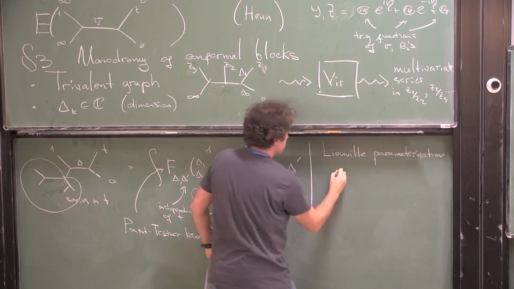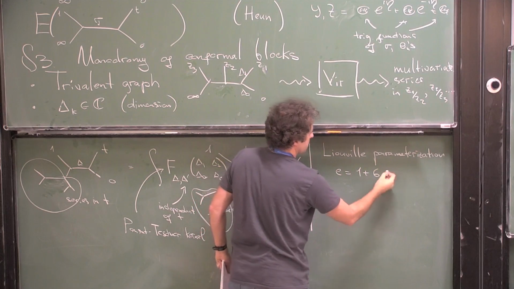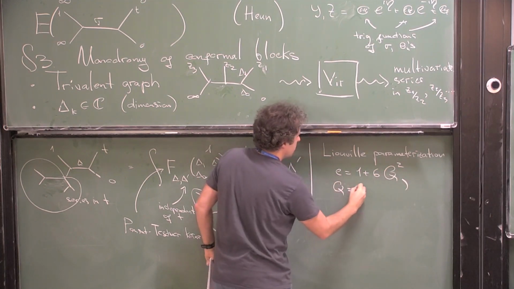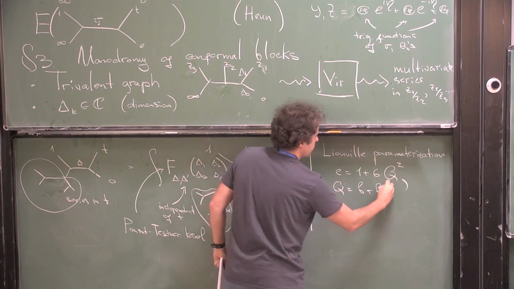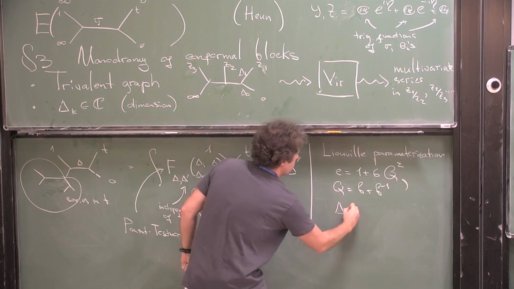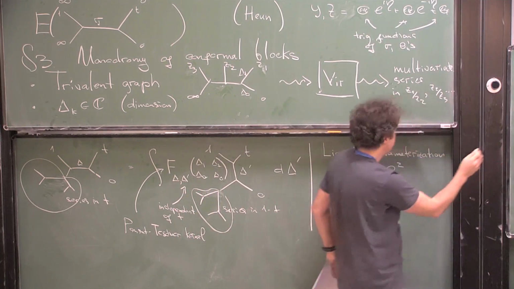So the central charge is 1 plus 6 Q squared, Q is b plus b to the minus 1. Deltas will be parameterized, so I will trade deltas for P's, or momenta.